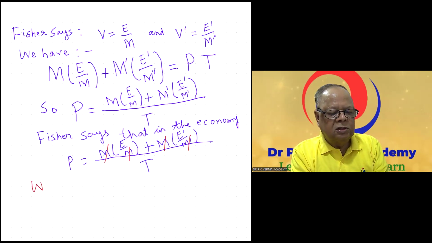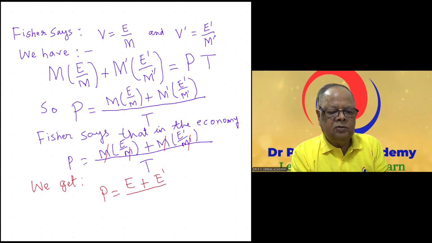We get P is equal to E plus E dash by T.